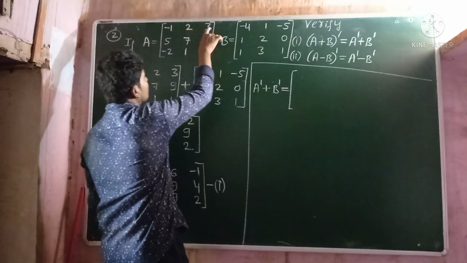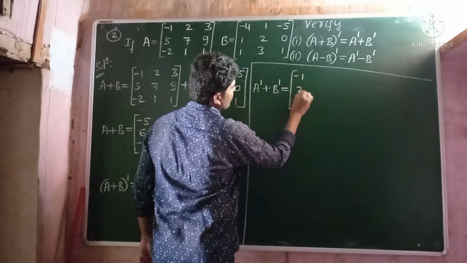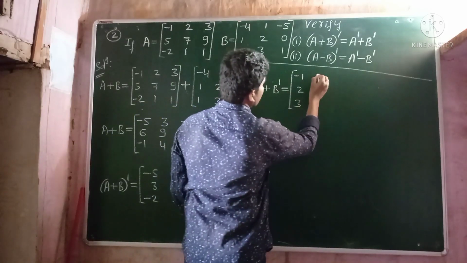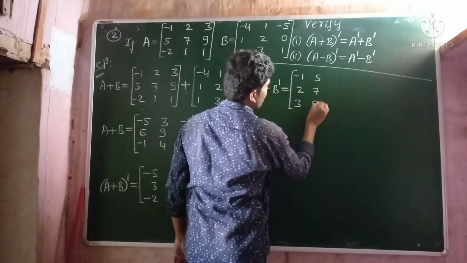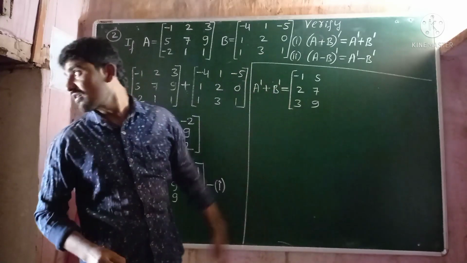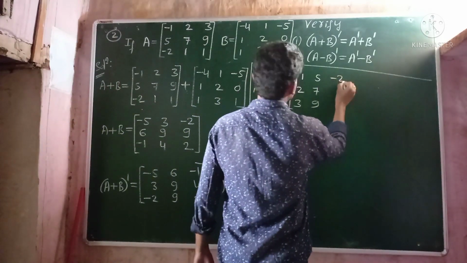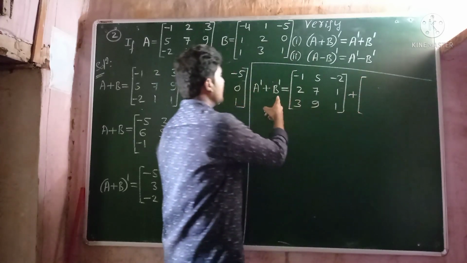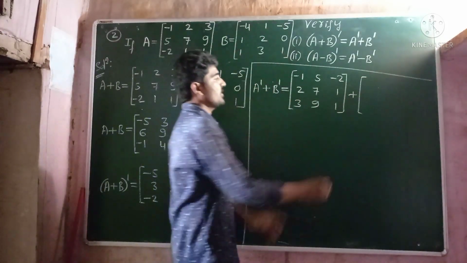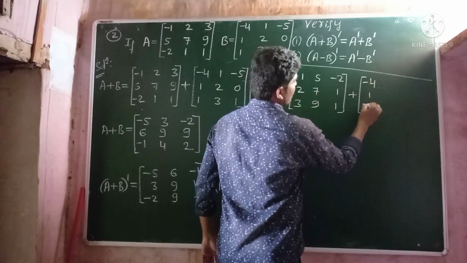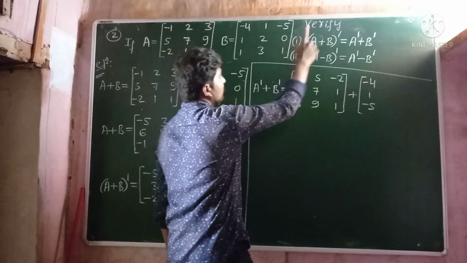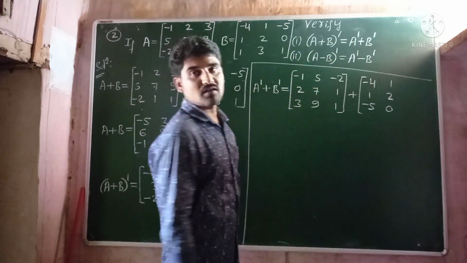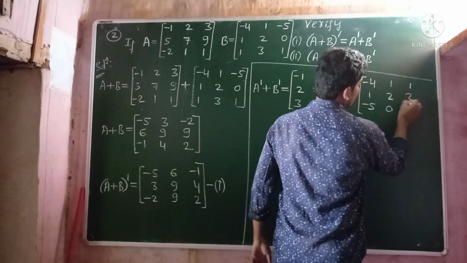Second row becomes second column, 5, 7, 9. Third row becomes third column, -2, 1, 1. Plus similarly B dash is -4, 1, -5. Second row becomes second column, 1, 2, 0. Third row becomes third column, 1, 3, 1.